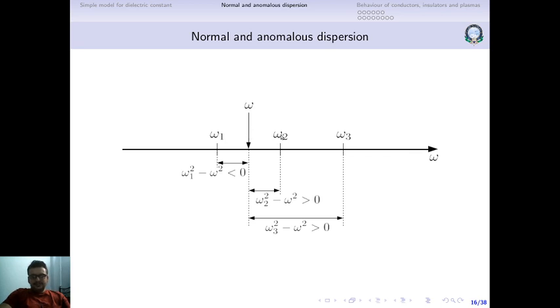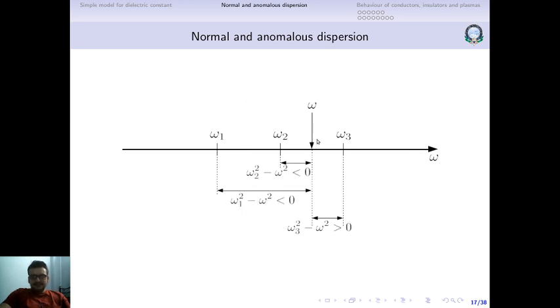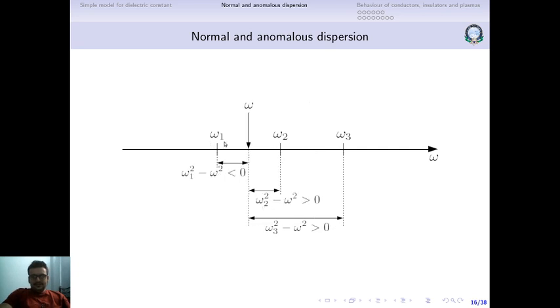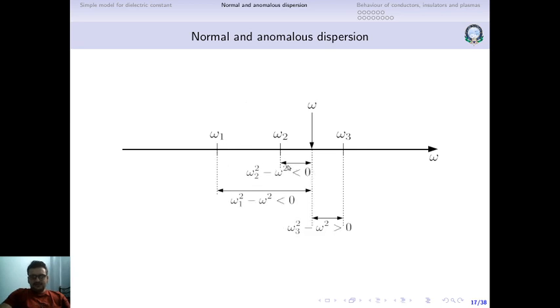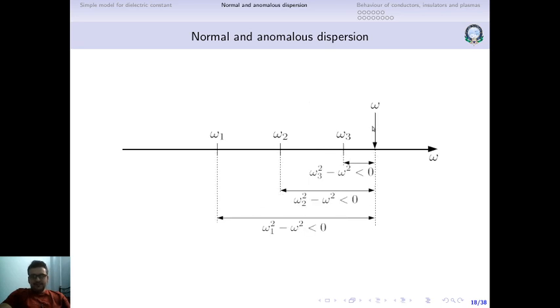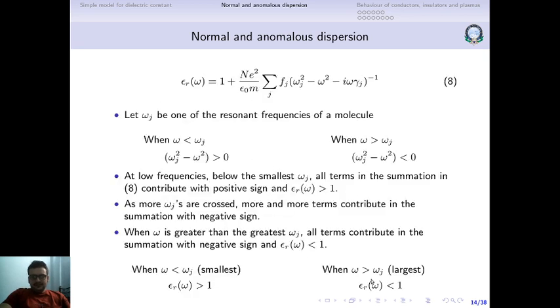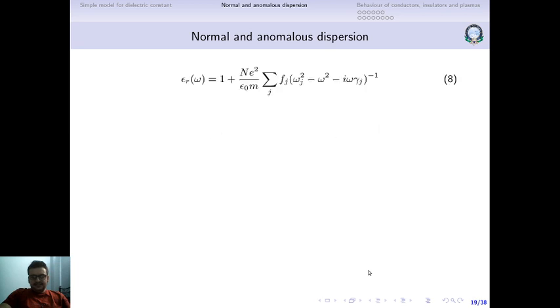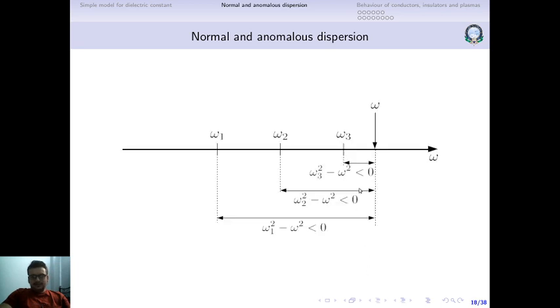Now if you increase the frequency some more and bring it over here, it has crossed 2 of these frequencies. In the previous case it had crossed one and gave a negative contribution. Now these 2 will give us negative contributions, and this will still give us a positive contribution. And finally, when omega is greater than the greatest omega j, then all of them will give us negative contributions.